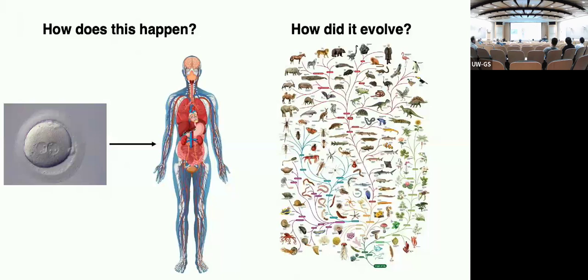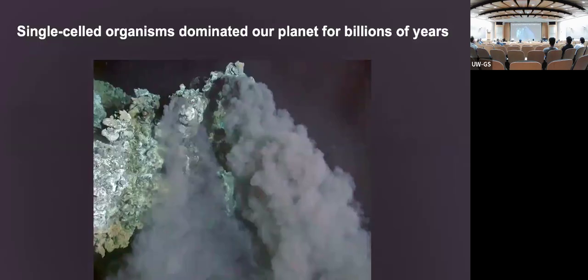how this occurs. So I'm going to start at the beginning of what the first animals were like. For approximately 4 billion years, all of life on the planet existed as single-celled organisms.